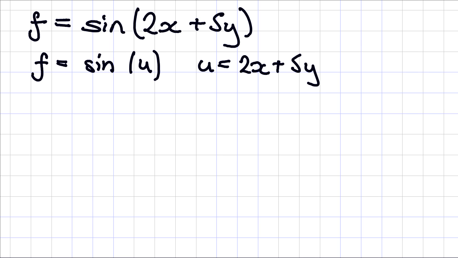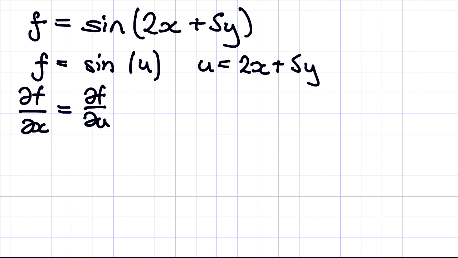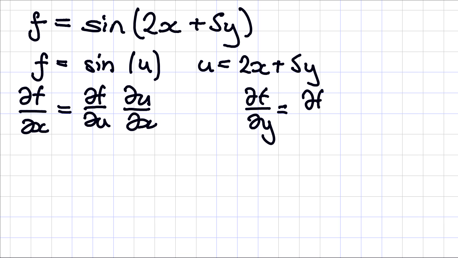So if I want to find df dx, that's going to be df du times du dx, and df dy is going to again be df du, but this time du dy.